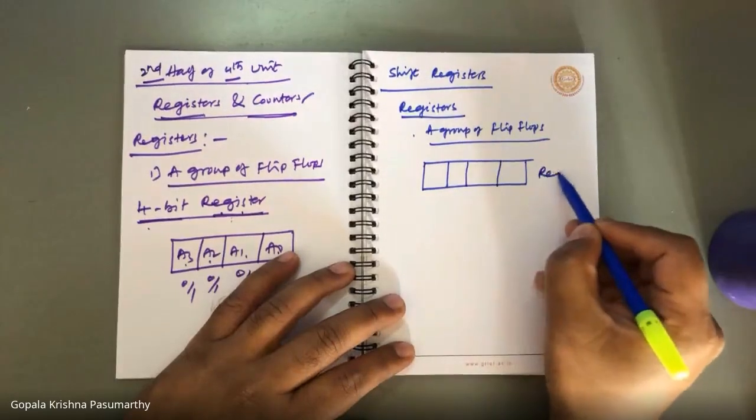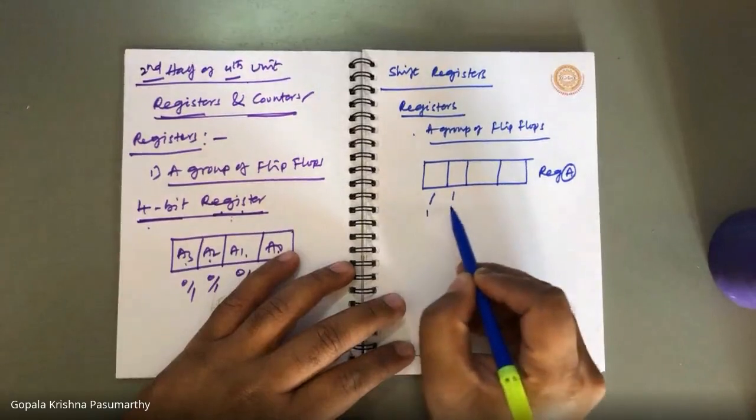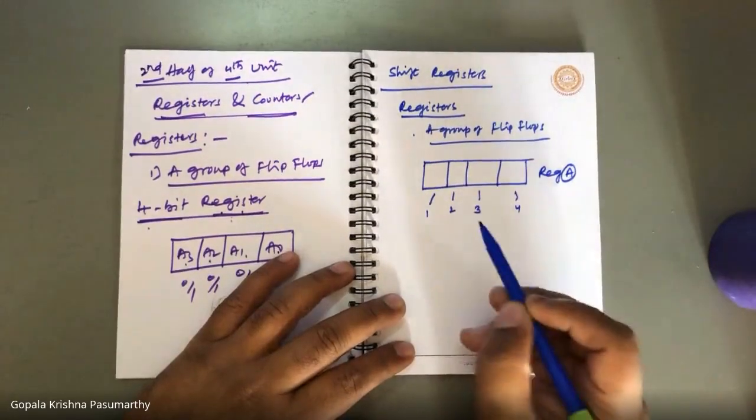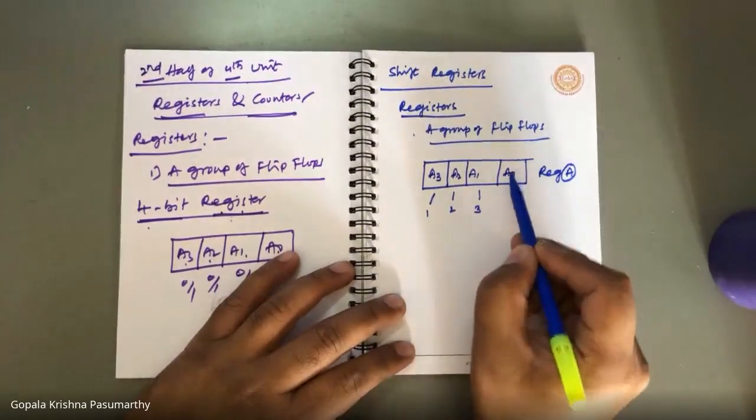Let us say I will call this register A, consisting of 1, 2, 3, and 4 flip flops. Let us call the flip flops A3, A2, A1, and A0.